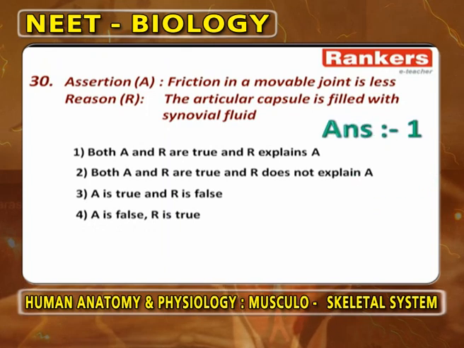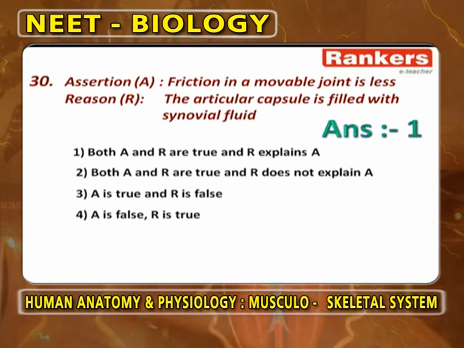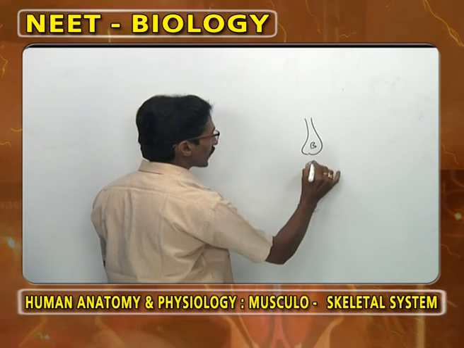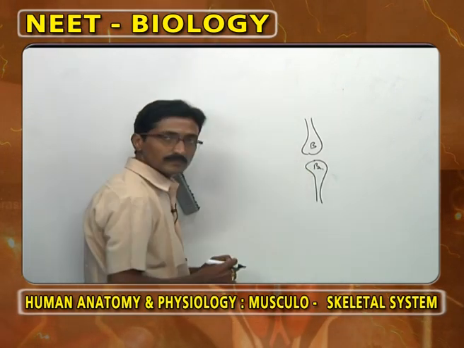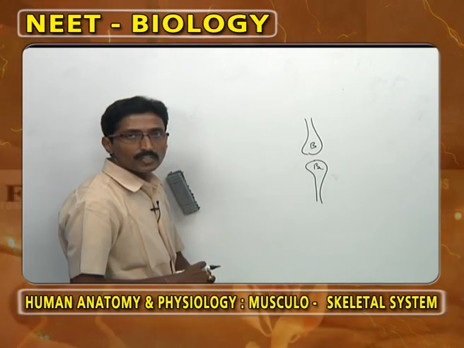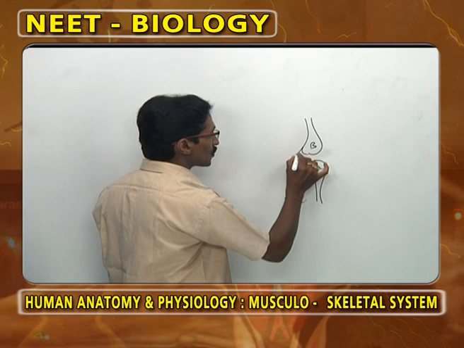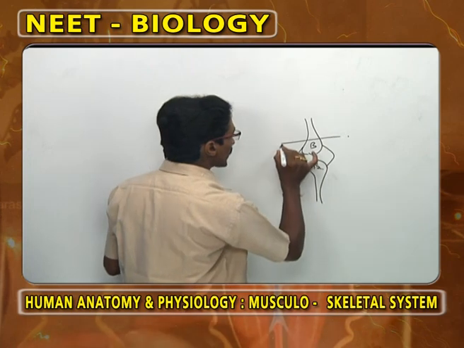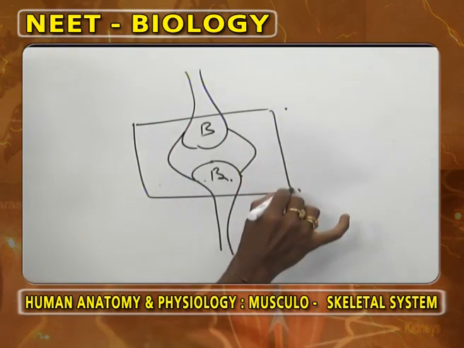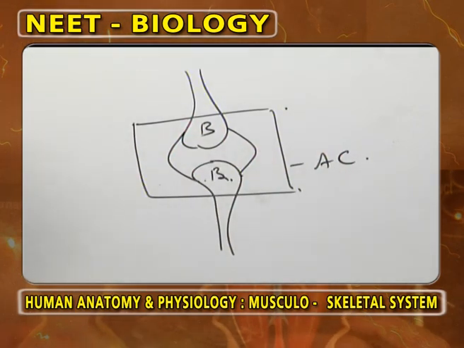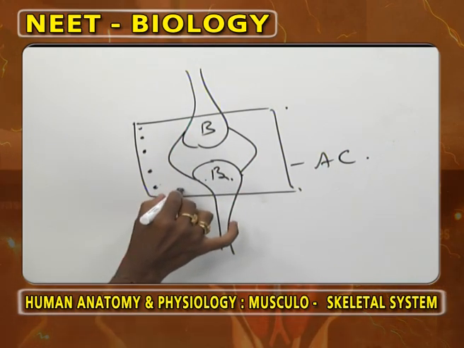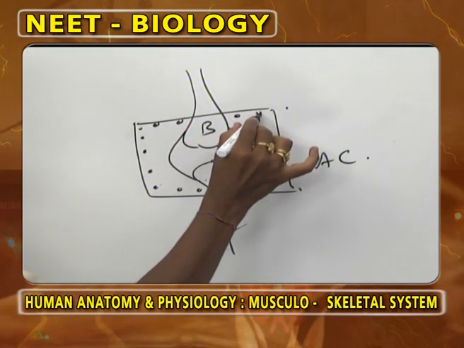Assertion: friction in a movable joint is less. Now as we observe the movable joint, this one we call one bone and this one another bone. In a joint how many bones are present? Two bones. These two bones are connected by elastic ligament. The entire joint is present in an articular capsule, lined inside by the synovial membrane.